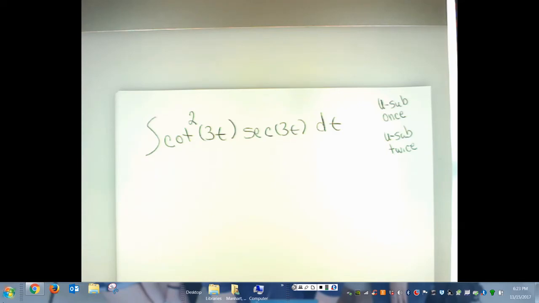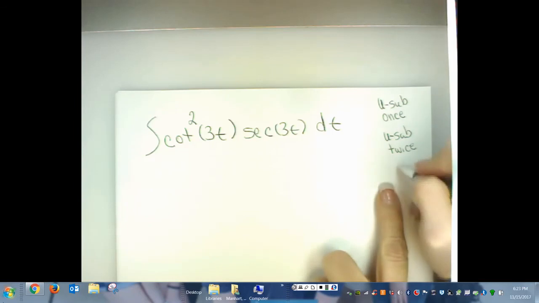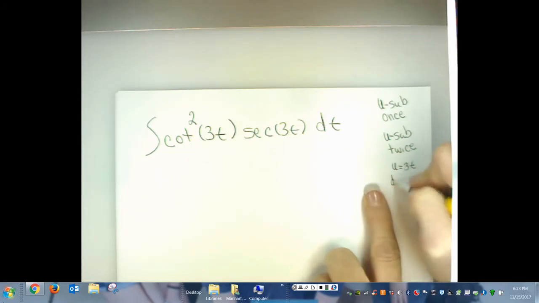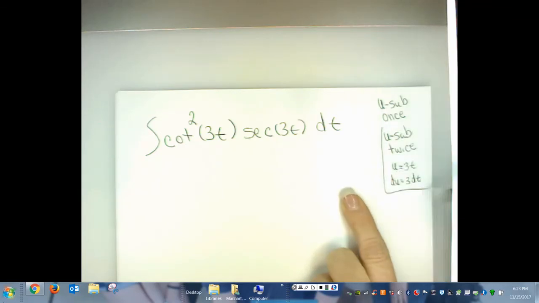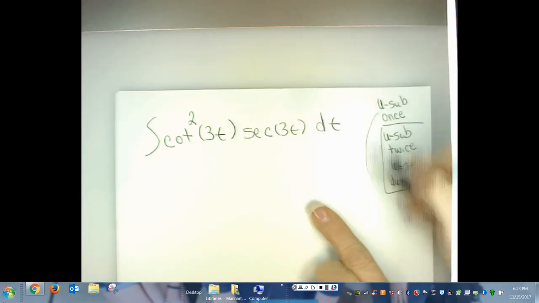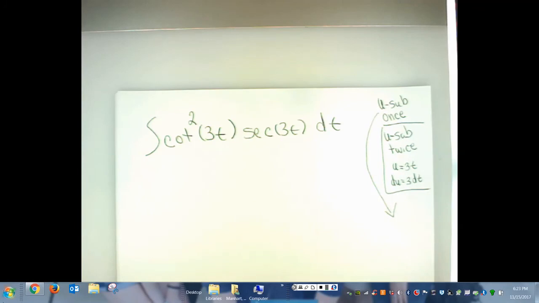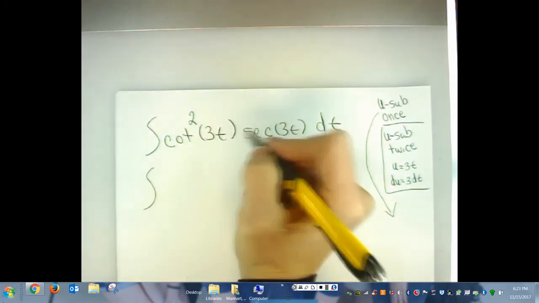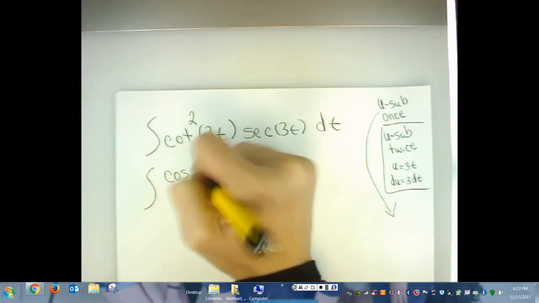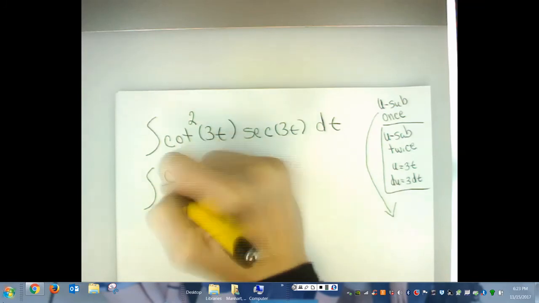But again, if you want to do it twice, the first thing you do is let u be 3t. So du is 3 dt. And I'm not going to go any further with that because I'm going to show u sub once. Before I do that, I'm going to rewrite by definition that cotangent is cosine of 3t squared over sine of 3t.